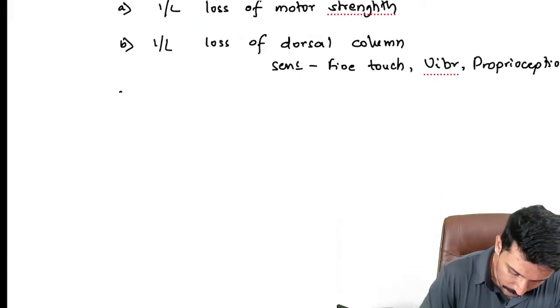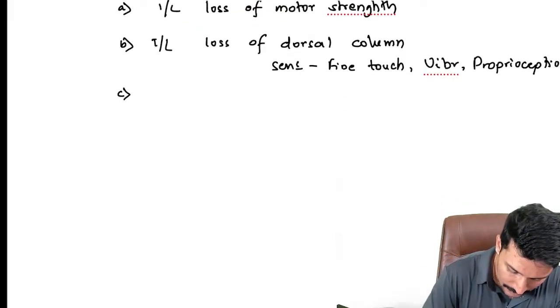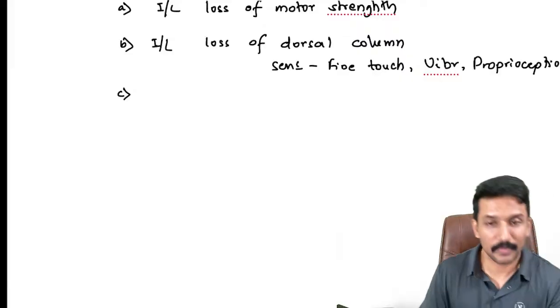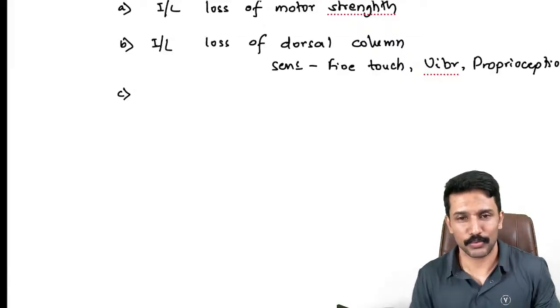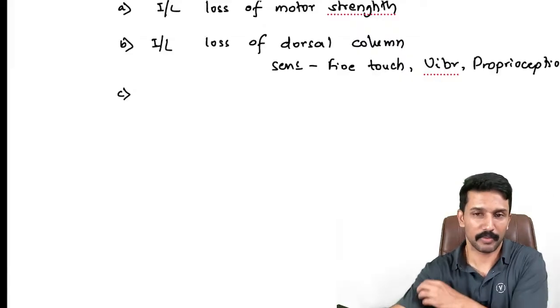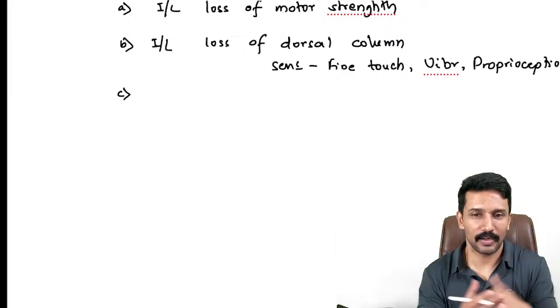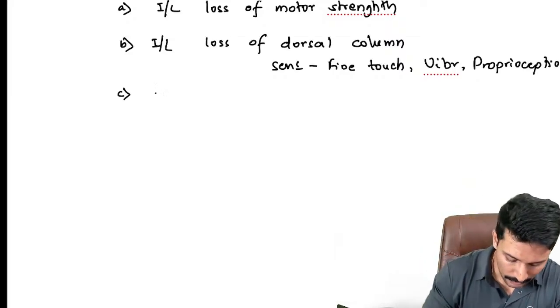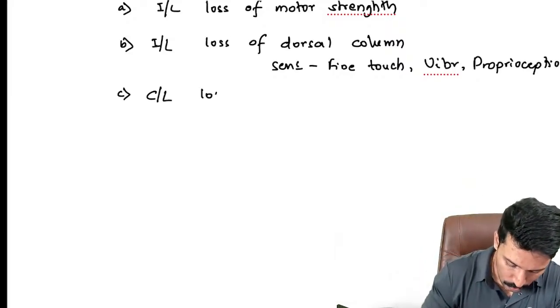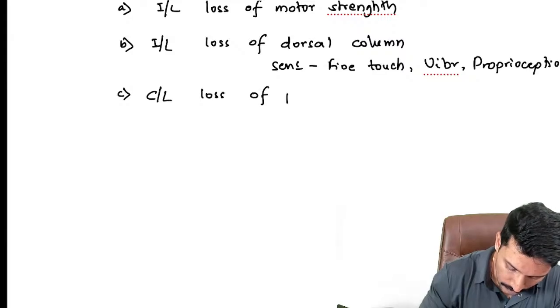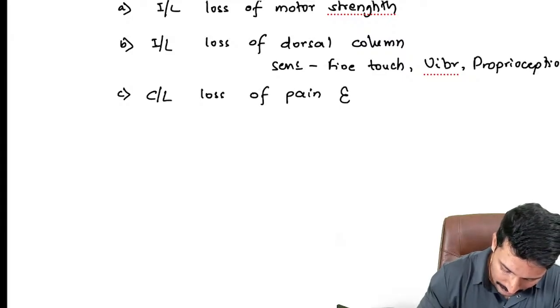But remember, I have told you in the offline classes, pain and temperature, think about pain always to the opposite, right? And some of you might remember I had quoted the Deepika and Ranveer story. So you will have contralateral loss of pain and temperature sensations. And these are carried through which tract?